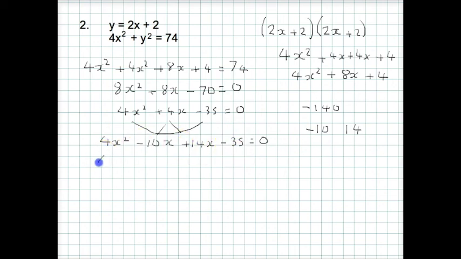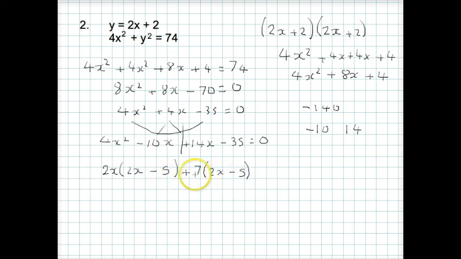So if I split these down the middle, then what occurs in both? Well, we've got 2x occurring in both of these. So we write 2x outside the brackets. 2x times 2x gives us 4x squared, and 2x minus 5 gives us minus 10x. 7 occurs in both, and then 7 times 2x, 7 times 5 is minus 35.